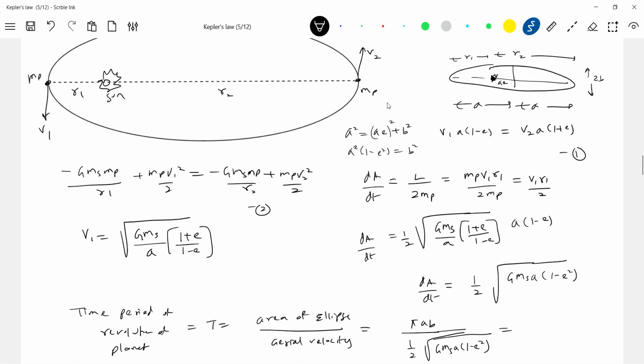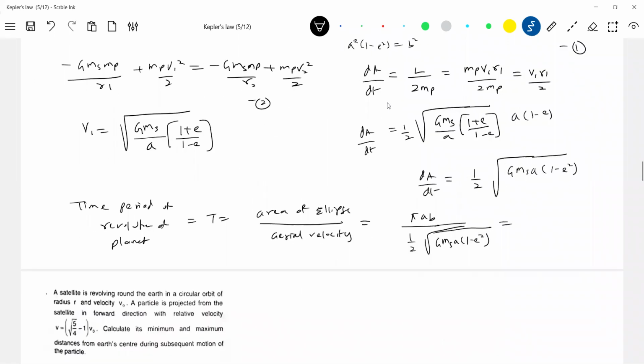Root of A into 1 minus E square. So substituting all that and solving, we end up with the equation T square equals 2 pi A cube by GMS. So what Kepler said is that the square of the time period is proportional to the cube of the semi-major axis.